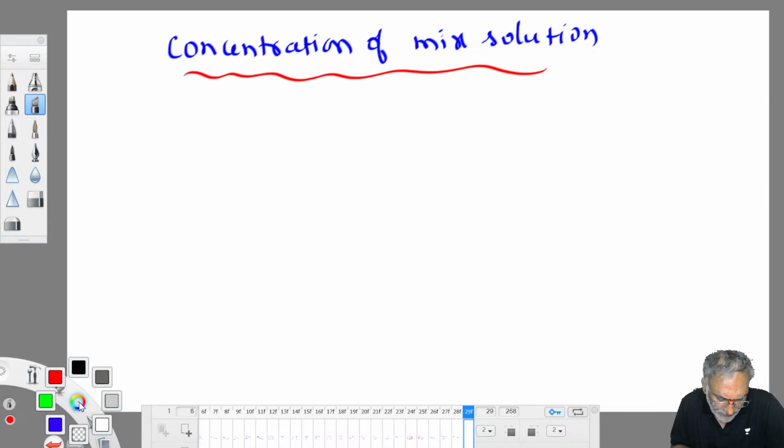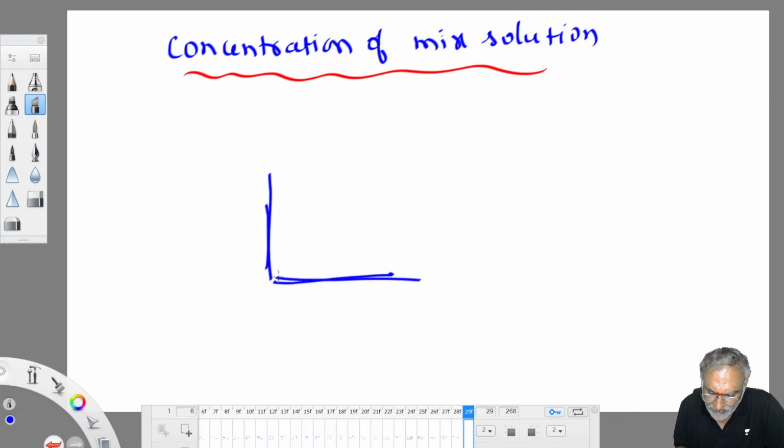Understood? Suppose we take a container, this is a container with an opening. We are adding so many solutions with different volumes.